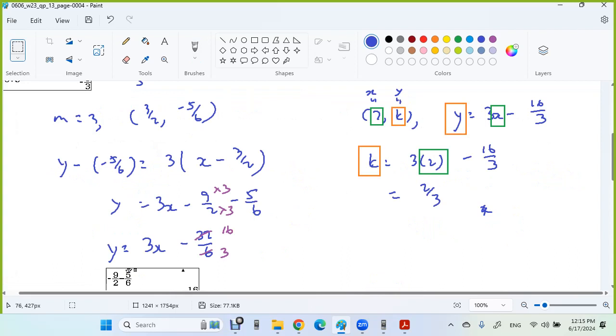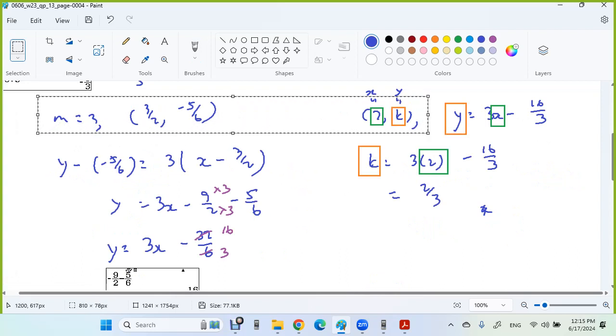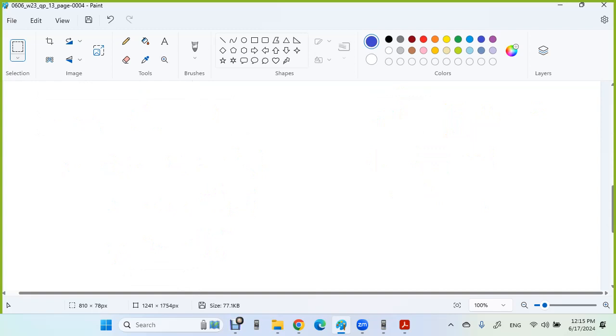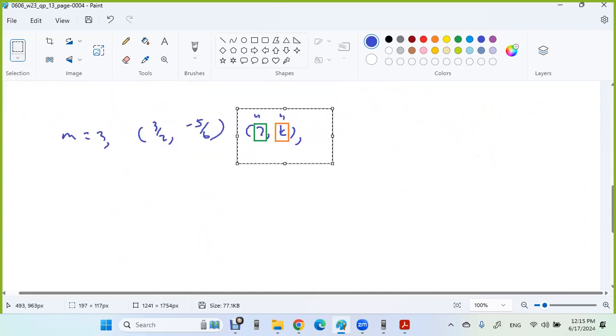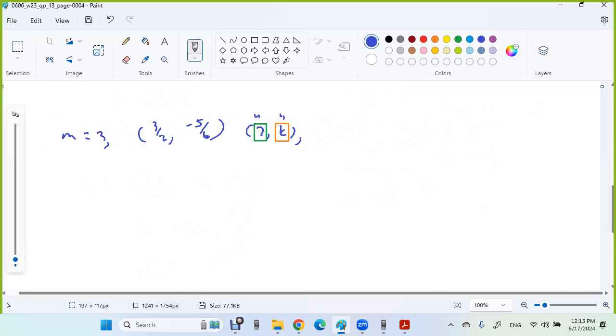To find the value of k, actually we have another method to solve it. We know that the gradient of the perpendicular bisector is 3, and it passes through 3 over 2, negative 5 over 6, and (2, k).